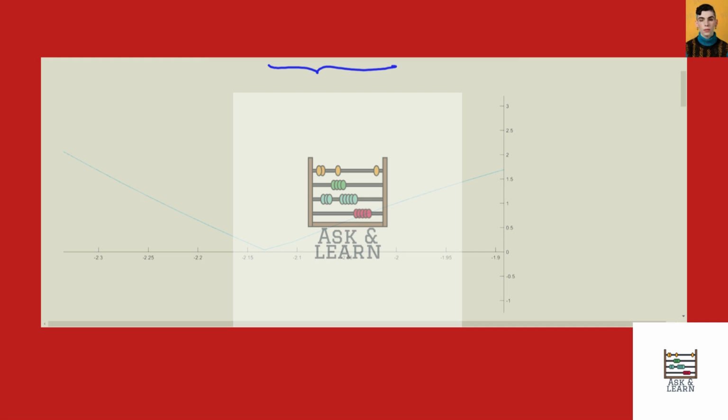So here we have one. Let's use red because I use red for those points. This point here is the first one from left to right where the derivative does not exist.